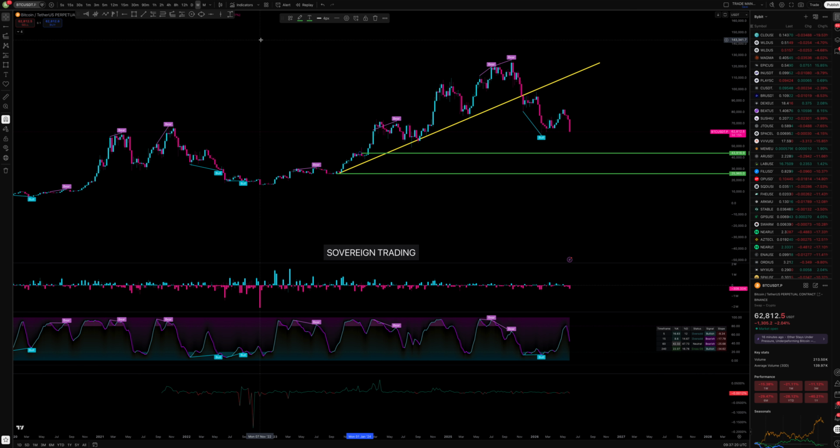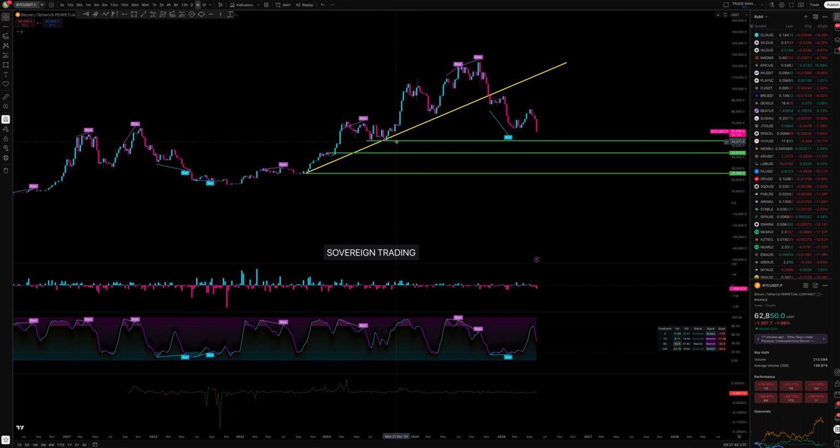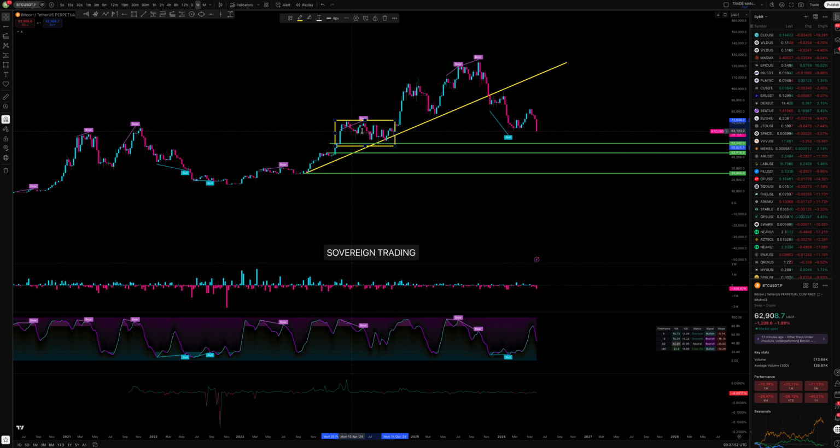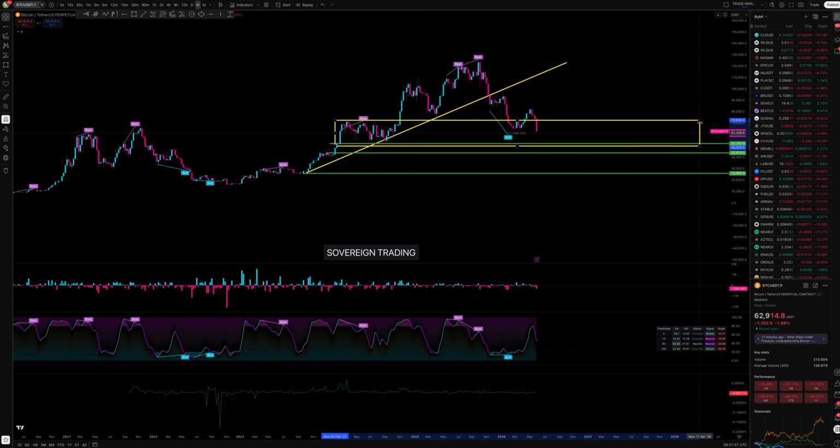we can retest this zone. But first you have this zone, and this zone, all this zone. All these have lots of fight here.